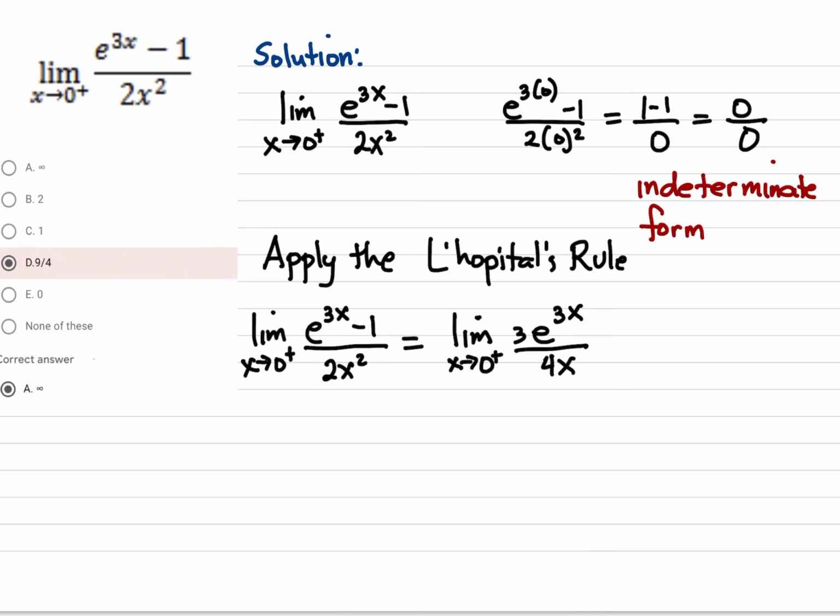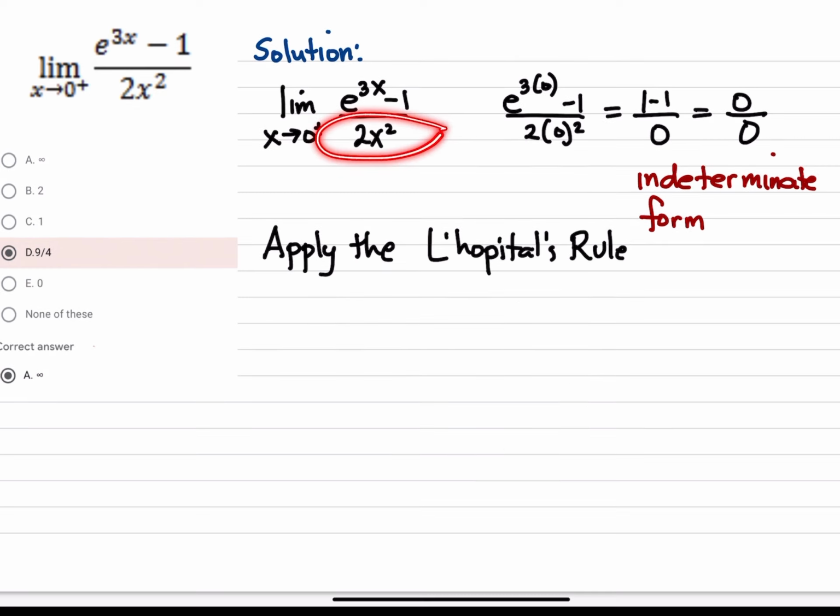Okay, now take note that the resulting limit is no longer of the indeterminate form, because if we try to plug in 0 for x, this becomes 3e raised to 3 times 0 over 4 times 0.